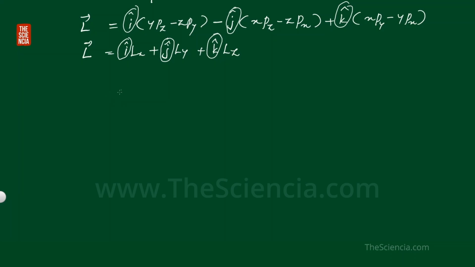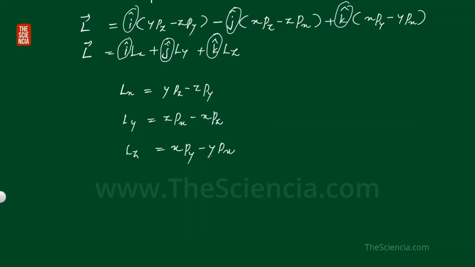So we get Lx equal to y pz minus z py, Ly is equal to z px minus x pz, and Lz is equal to x py minus y px. So these are the components of angular momentum in classical mechanics.